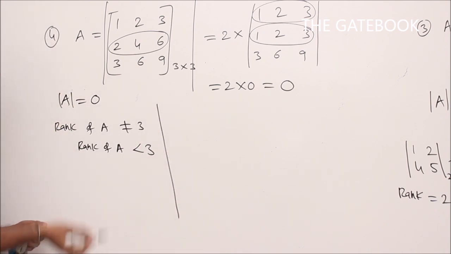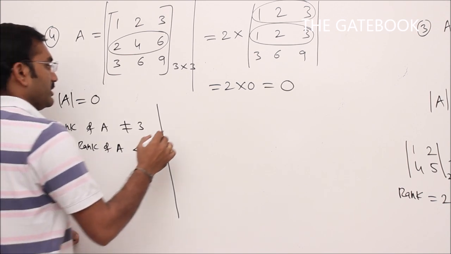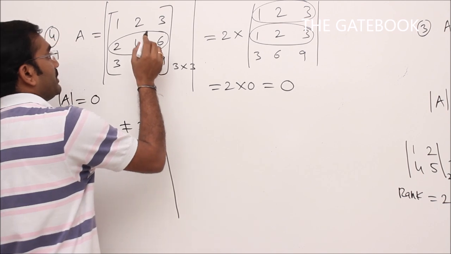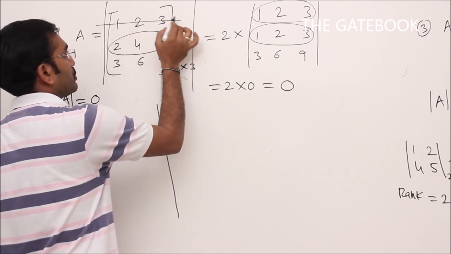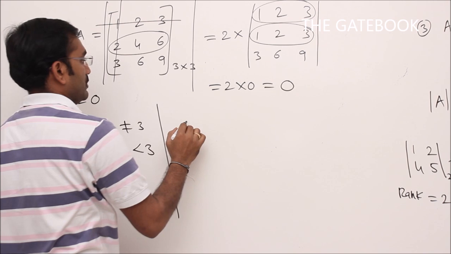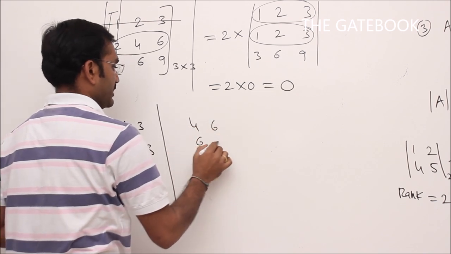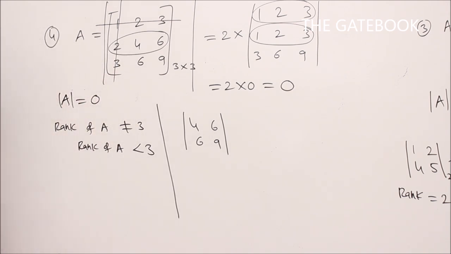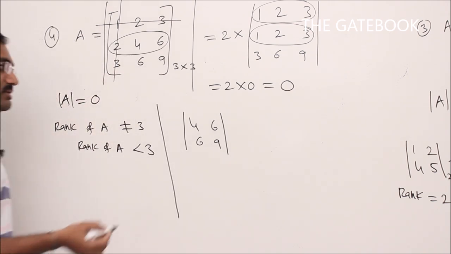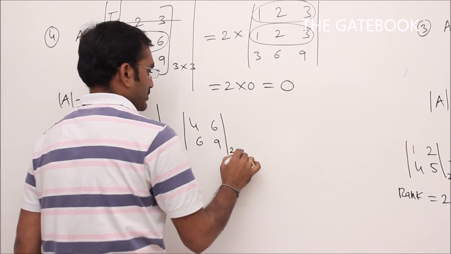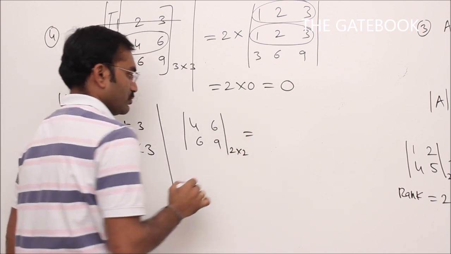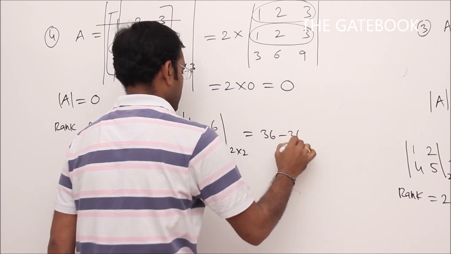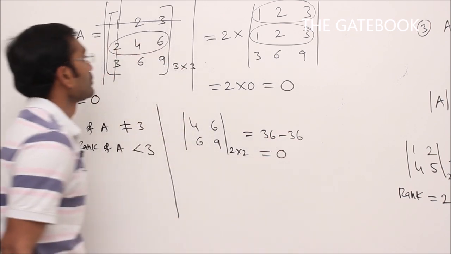Now consider the next lower order submatrix, taking any 2 by 2 submatrix. Let us consider eliminating the first row, first column, we will get 4, 6, 6, 9. Finding the determinant of this 2 by 2 matrix, 36 minus 36 will get 0.